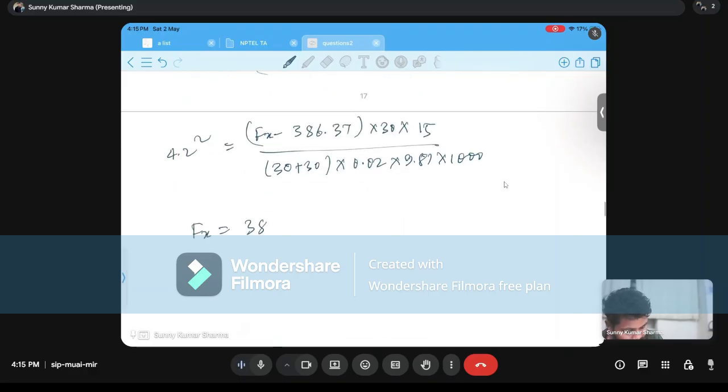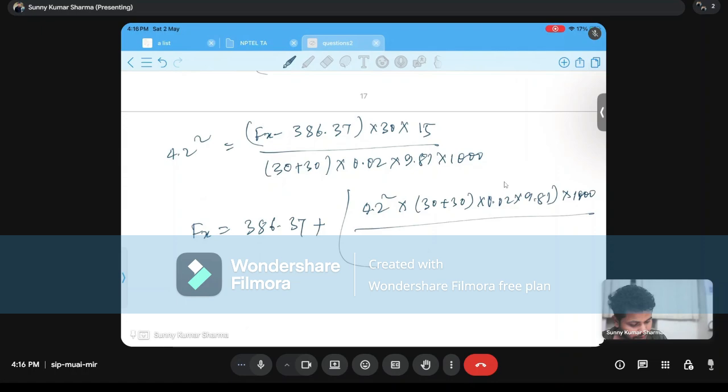It will become 386.37 plus 4.2 square into 30 plus 30 into 0.02 into 9.81 into 1000 by 30 into 15.